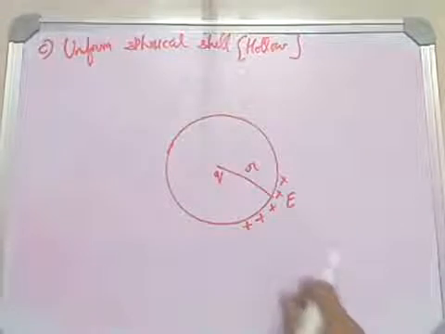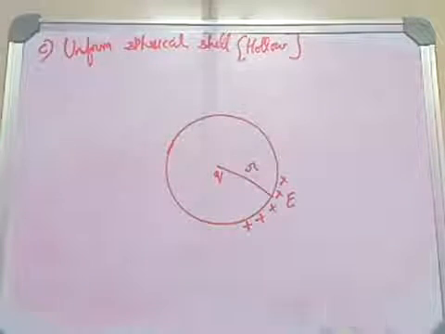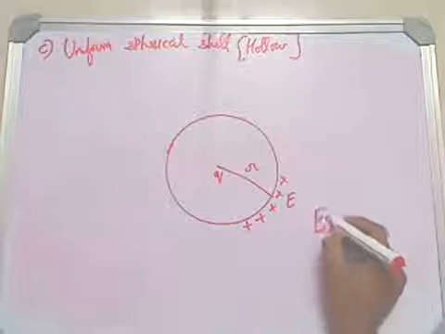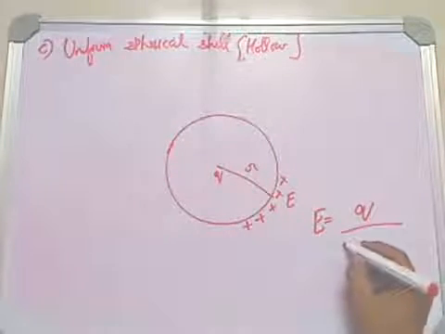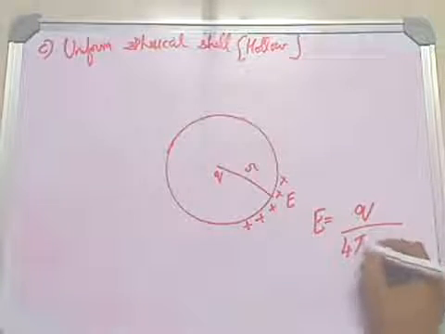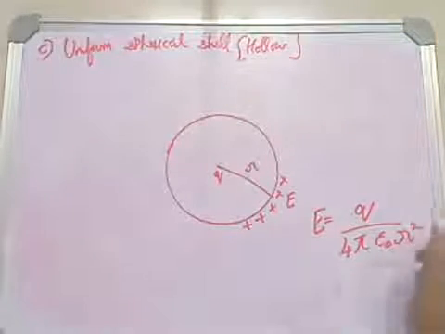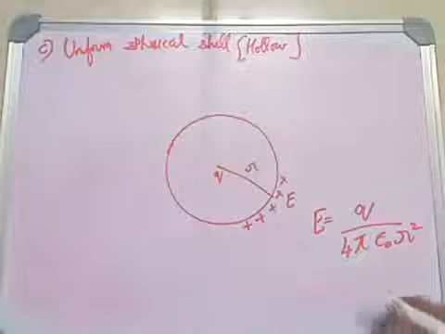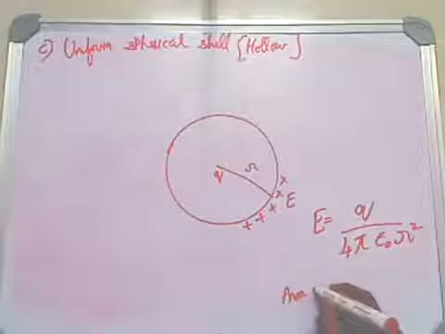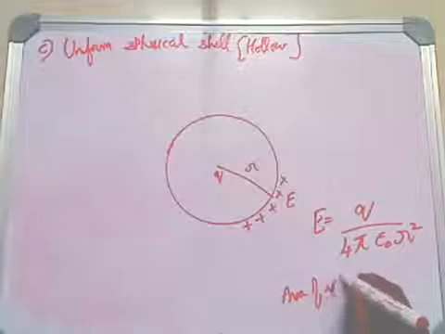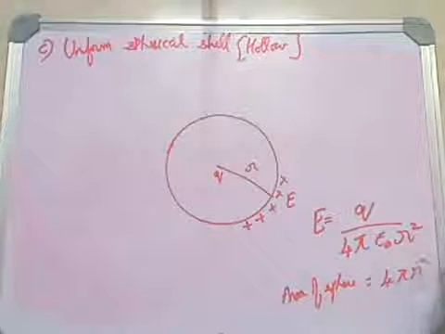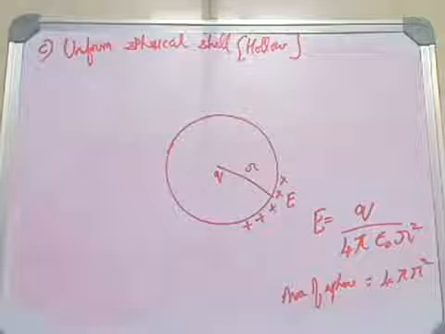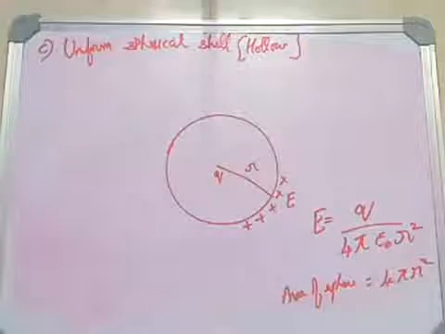So how do you go about calculating something like this? Here E equals Q by 4 pi permittivity of free space R squared. This is nothing but the area of a sphere, which is actually 4 pi r square. And the same logic is what we've used here.